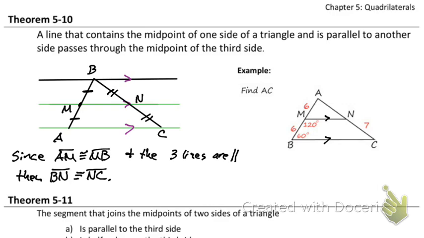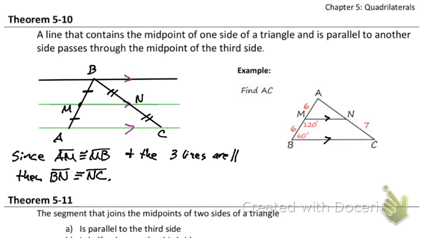So if a parallel line on a triangle goes through one midpoint, it also must go through the other midpoint. So parallel lines on a triangle have to either go through both midpoints or no midpoints. All right? It's all or nothing. Krupa. Would we be given that M is the midpoint?